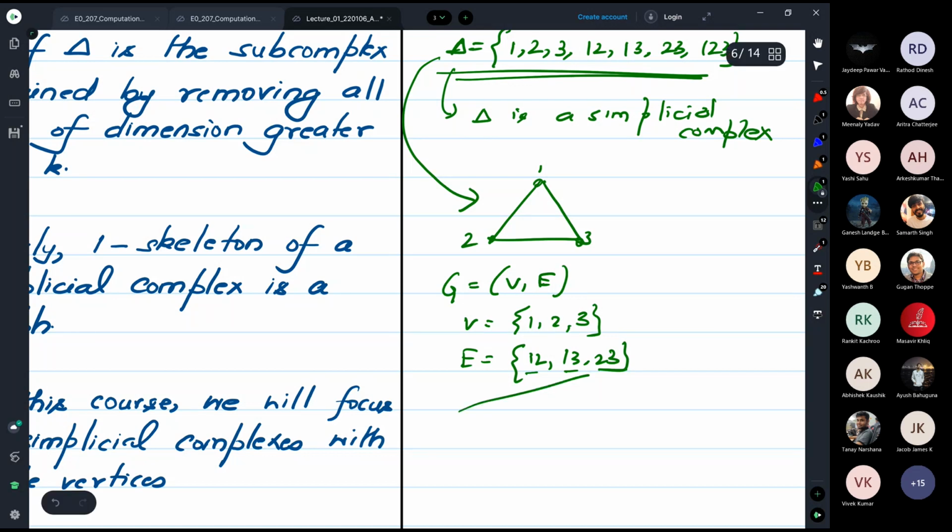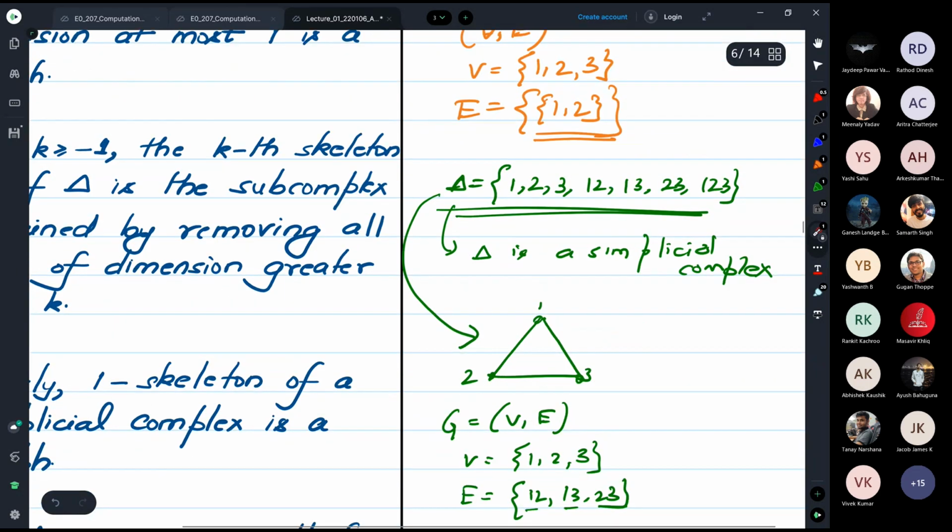So the information that we have tells us that 1 and 2 have a joint paper, 1 and 3 have a joint paper, 2 and 3 have a joint paper. But here we don't know if 1, 2, and 3 together have a joint paper. This doesn't tell us that. Whereas here, I am explicitly telling you that 1, 2, and 3 also have a joint paper. Does that help?